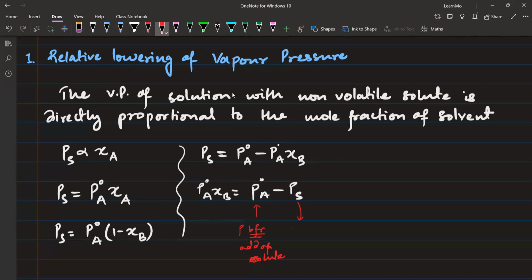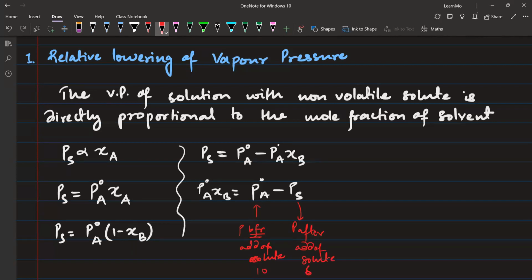This is the pressure after addition of solute. Please don't write now. If you're writing, please leave your pen aside. Let's suppose initially the pressure was 10 and after adding it became 6.